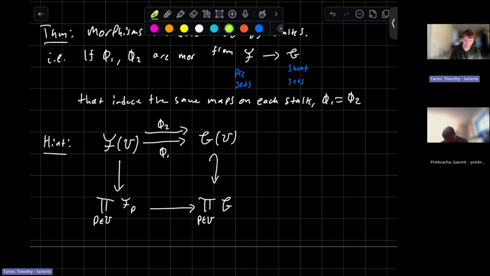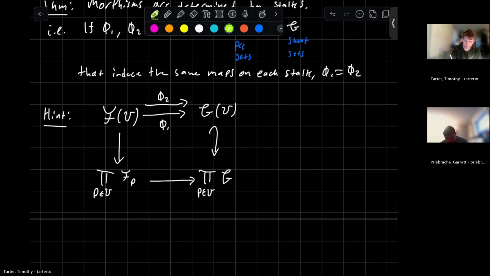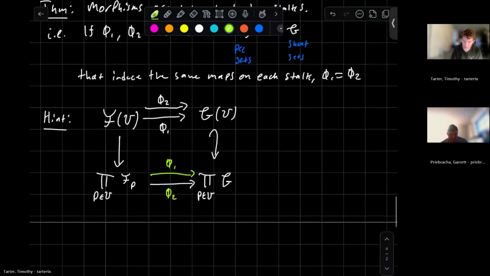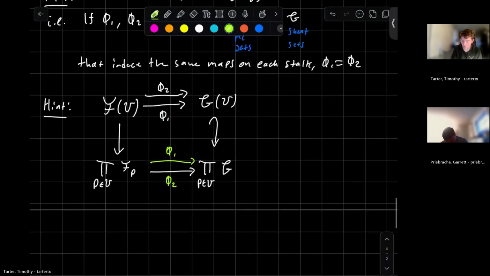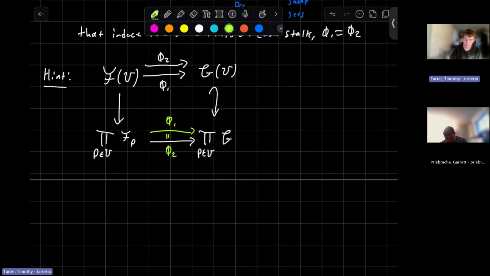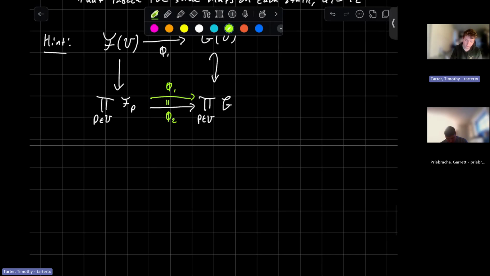So if they induce the same maps on each stalk, basically we're saying that these two things are equal.